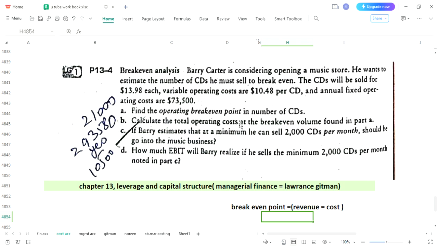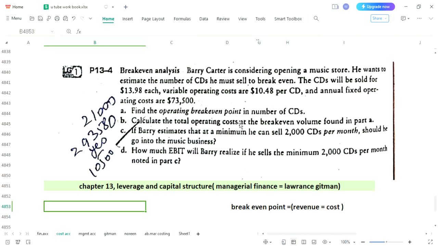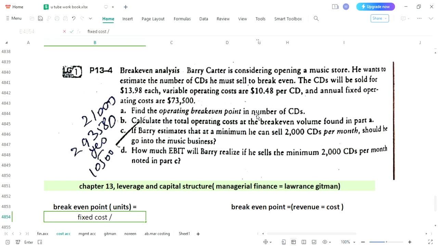Alright, let's come over here and calculate the first requirement, break-even point in terms of units. We will write the formula first: break-even point, but keep in mind we are focusing upon units, break-even units. For this what we need is fixed cost, and then you will divide it by CM per unit.